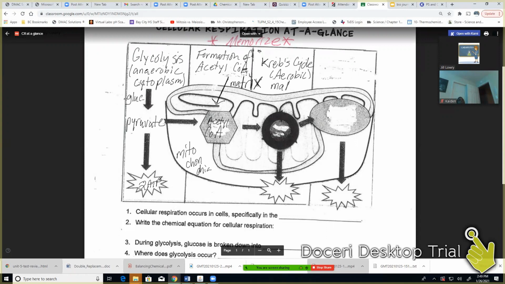And this also continues in the matrix. So here, I know you can't really add it in, but this is a place for you to put Krebs cycle. You want to just put your arrow. And then we said from that we get 2 ATP.